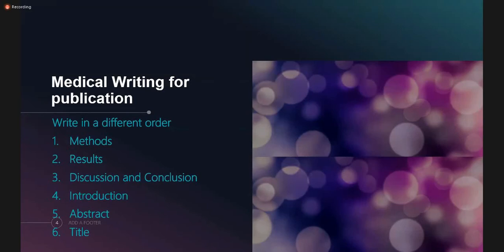One misconception I would like to clear here is, whenever you write a synopsis or proposal for IRB permission, that proposal may or may not be sufficient for just one medical publication.